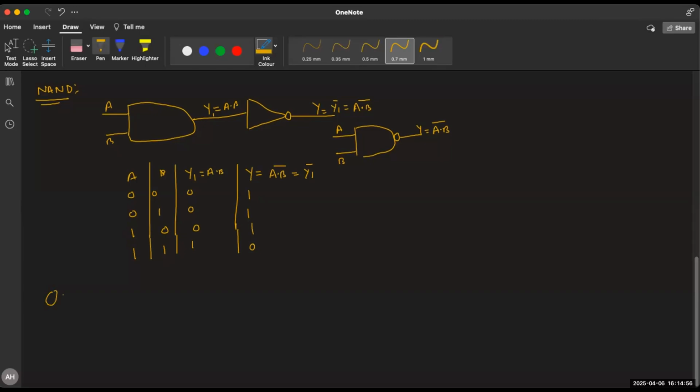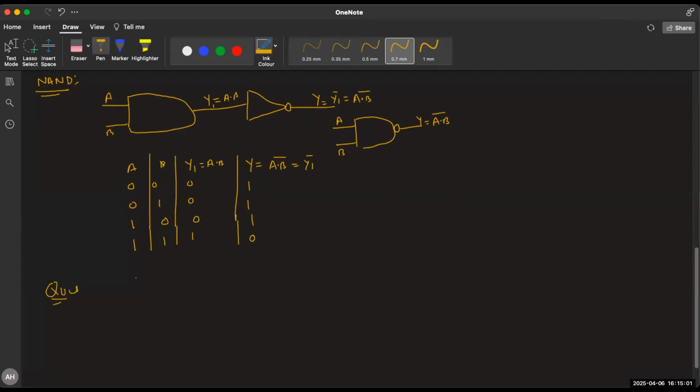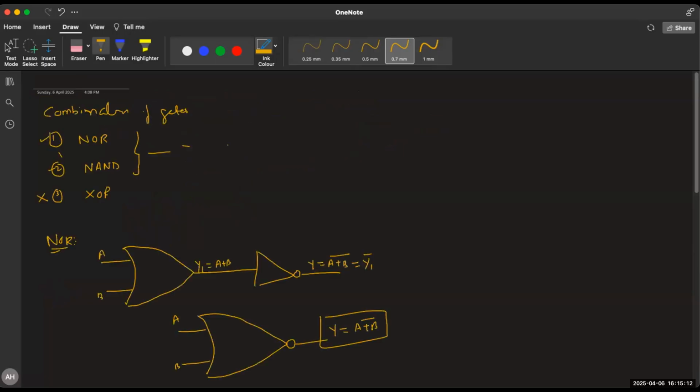Now let's do some questions over this concept. First type of question is obtain. And just one more thing, note it down: the NOR gate and NAND gate are also known as universal gates.